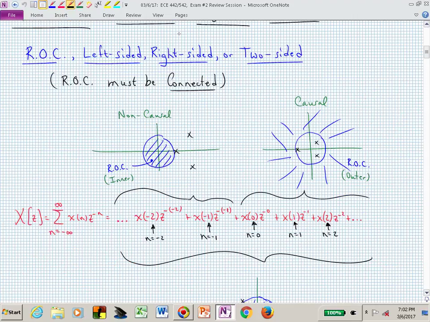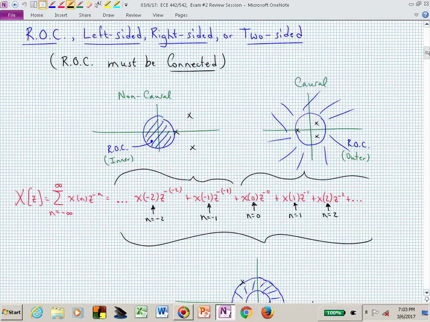Here is our generic description of the Z-transform as this infinite sum involving potentially sequences at negative time indices and sequences at positive time indices. What I'm trying to illustrate is the connection between when a sequence is defined and the corresponding region of convergence.